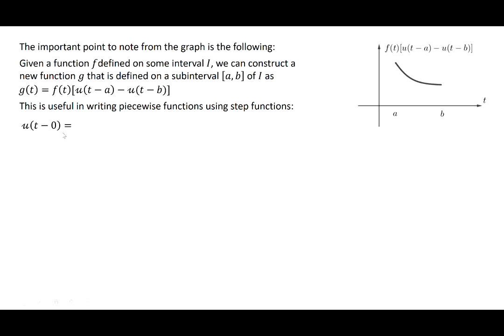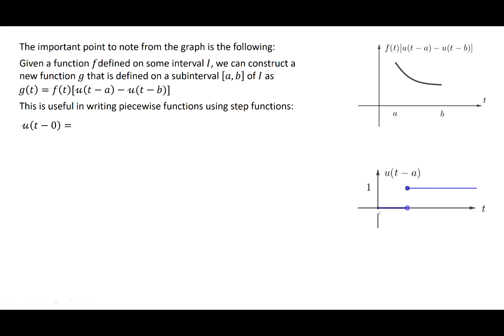U of t minus 0. Any thoughts on what u of t minus 0 would look like, the graph of that, or what it means? Especially when I tell you that u of t minus a, the graph would look like that. By the way, this is a. Can you tell me what the graph of u of t minus 0 ought to look like? Oh, from 0 to a, we should have 0. 0 to a.